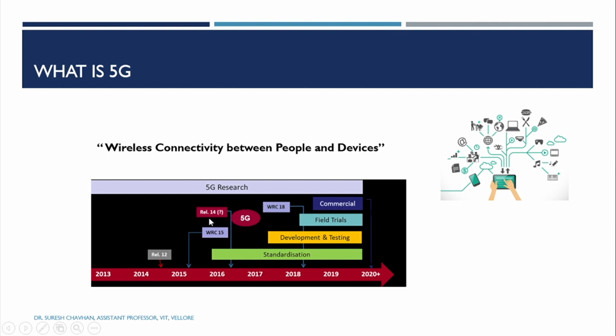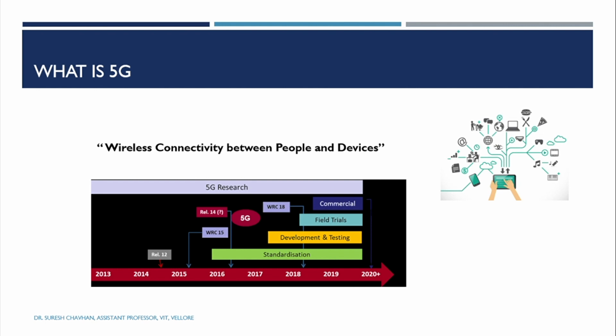How did the 5G research start? 5G research started in 2013 or 2014 end, and they released the 12 at the end of 2014. In early 2015 they developed WRC 15, and in 2016 they standardized whatever research they had done so far.